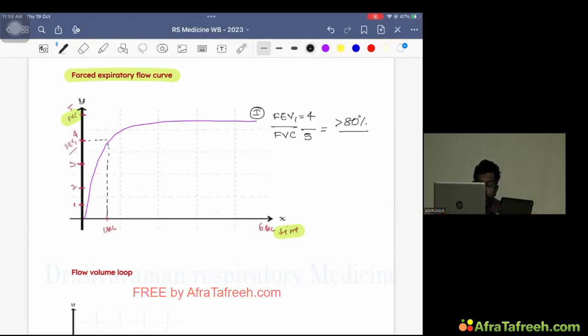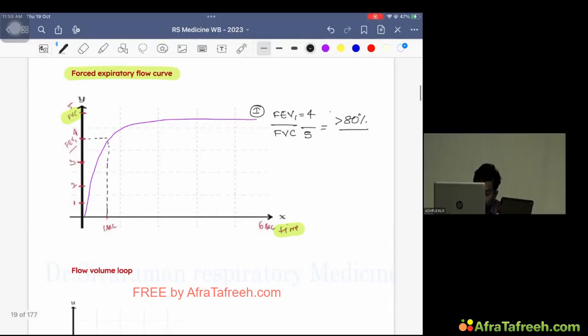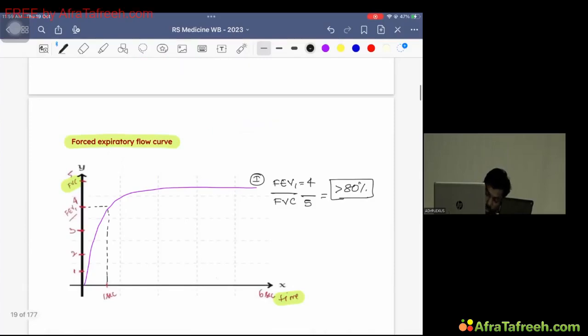So this person's FEV1 by FVC is 80%. Whenever your FEV1 by FVC is more than 80%, it is considered normal. Whereas if your FEV1 by FVC is less than 70%, it is considered obstructive lung disease.